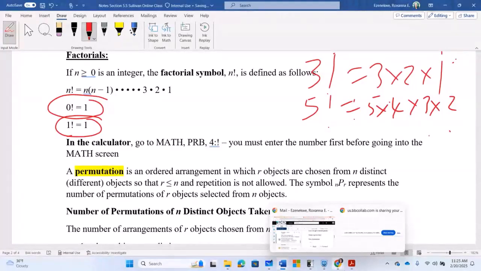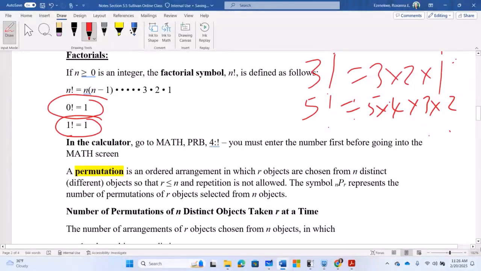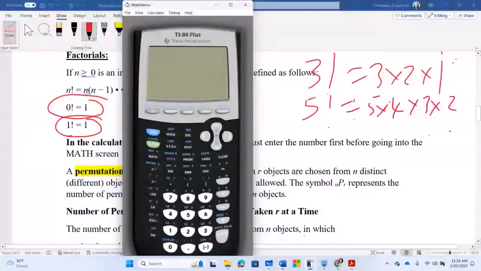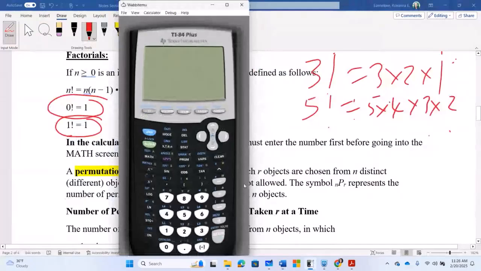We want to calculate them so that we know how to do it with our calculator. So I'm going to pull up my calculator. How do I calculate factorial on my calculator?